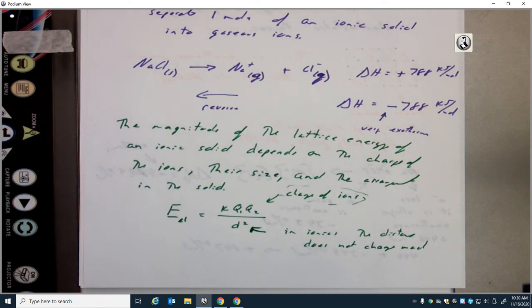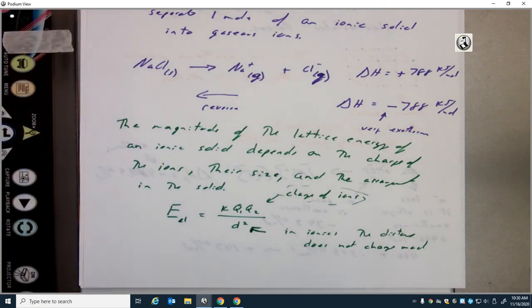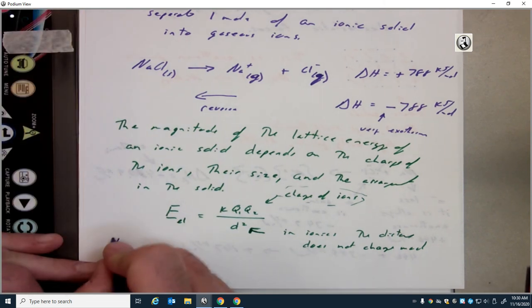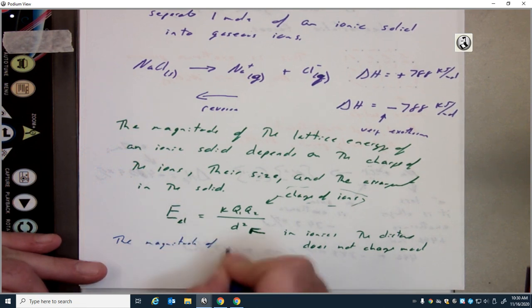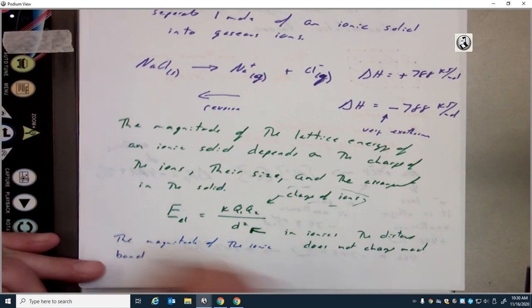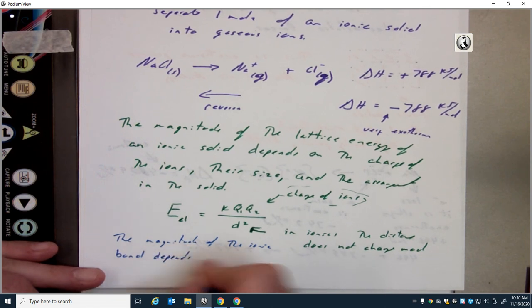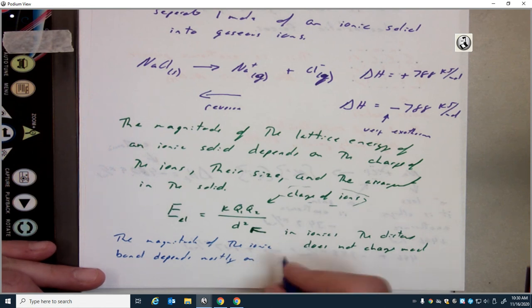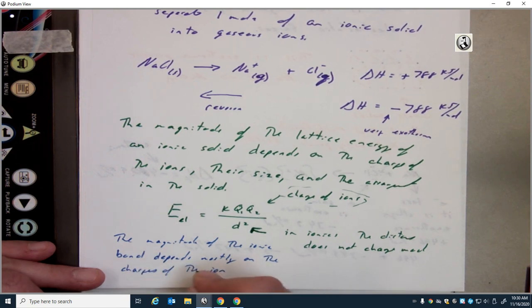So the magnitude of the ionic bond, or the strength of the ionic bond, depends mostly on the charges of the ions.